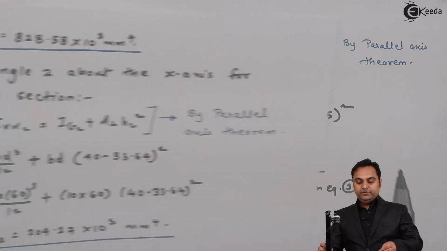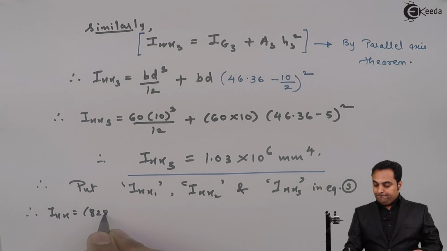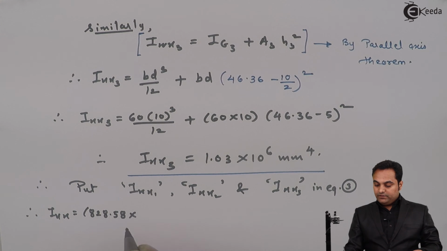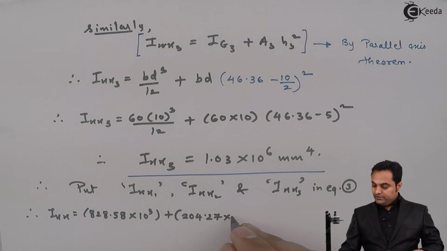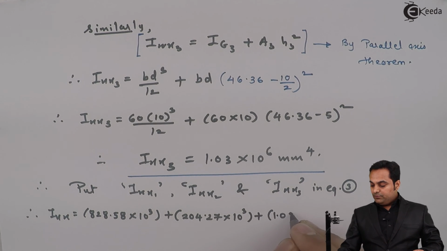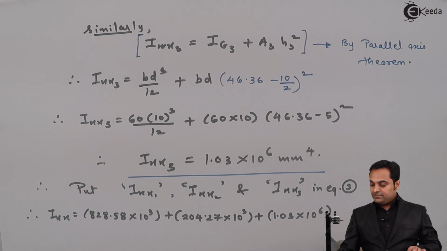So therefore Ixx will be, Ixx1, it was this value 828.58 into 10 raised to 3 plus Ixx2 204.27 into 10 raised to 3 plus Ixx3 1.03 into 10 raised to 6.